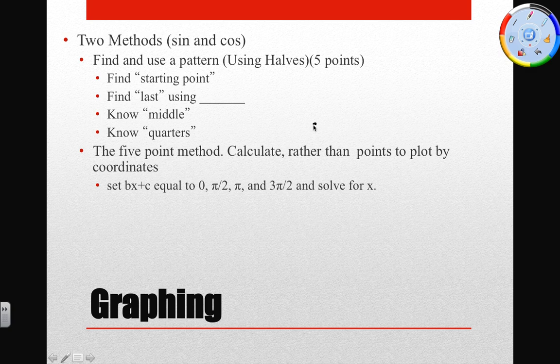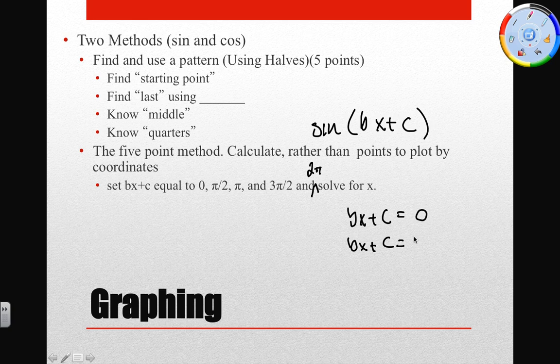So in our sinusoids, where we get sine of bx plus c, you let this bx plus c equal these 5 numbers. So you're basically doing this: bx plus c equals 0, bx plus c equals pi halves, bx plus c equals pi, and so on.